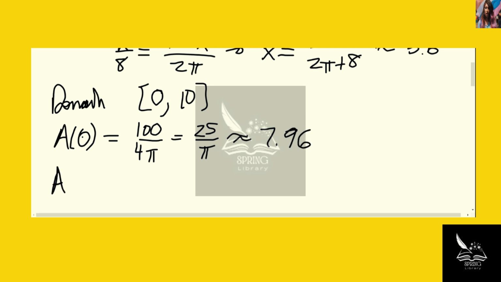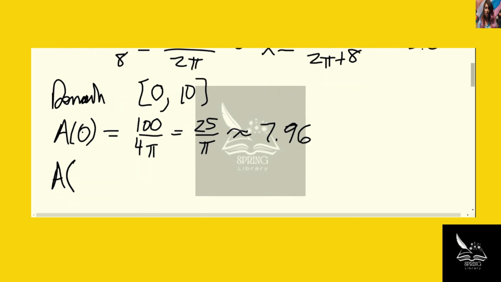On the other hand, A of our critical value, which is 40 over (pi plus 4), when plugged in, is approximately 3.5.